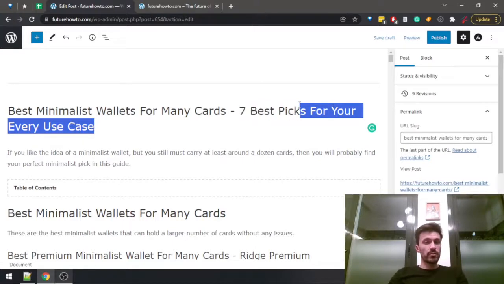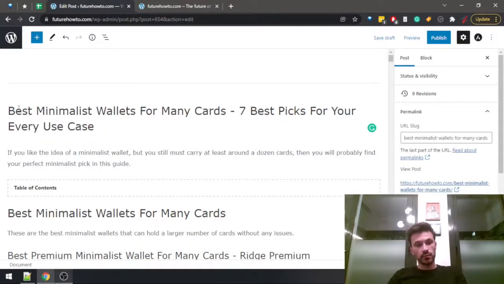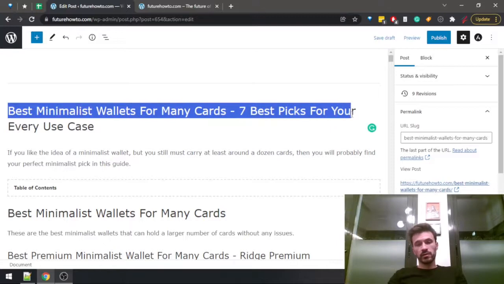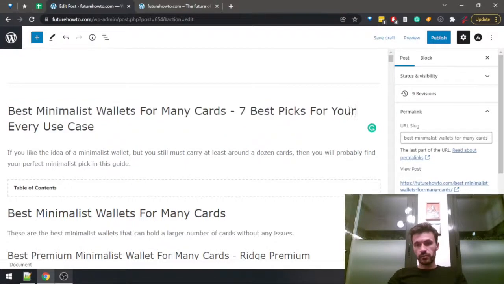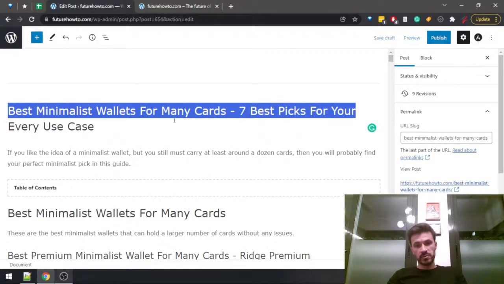That doesn't really matter. I think that works even in your favor. If someone reads through to "7 best picks for your," they're gonna be curious.